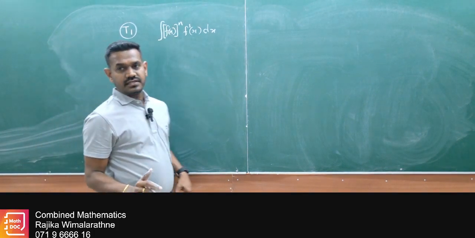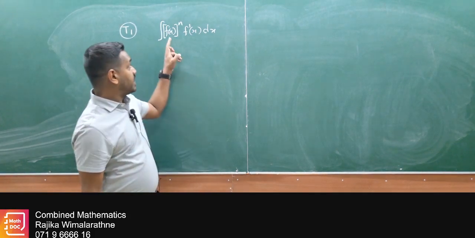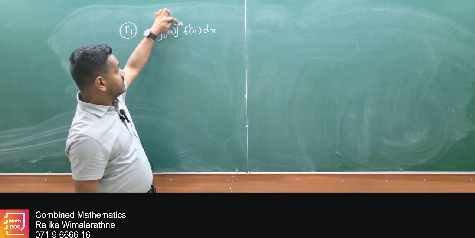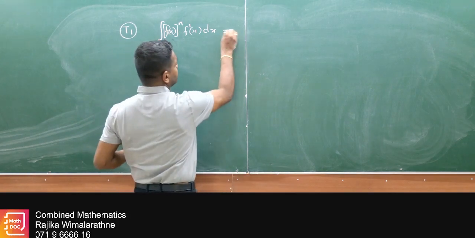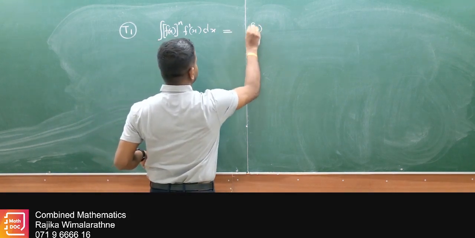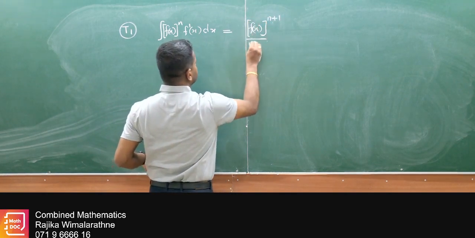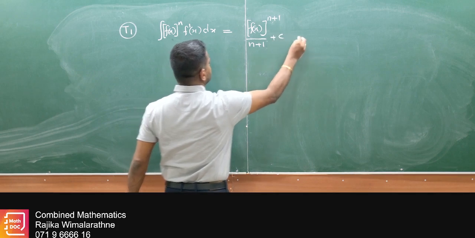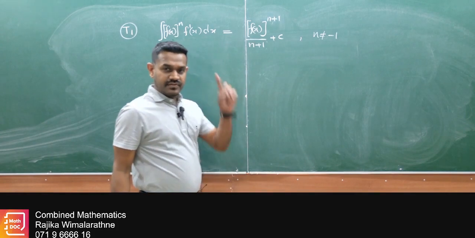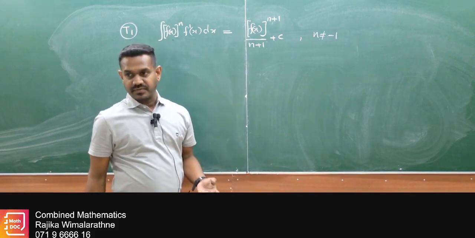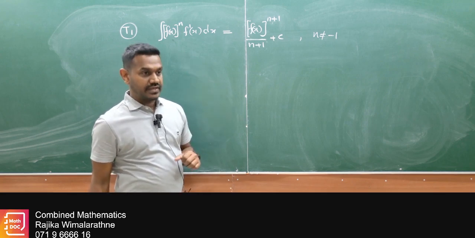We have a function with a power, and its derivative is multiplied. Then you directly write f(x) to the power n plus 1 over n plus 1 plus c, n not equal to minus 1. Like the first integral, x to the power n type. But this is not x to the power n, it is f(x) to the power n times f dash x.